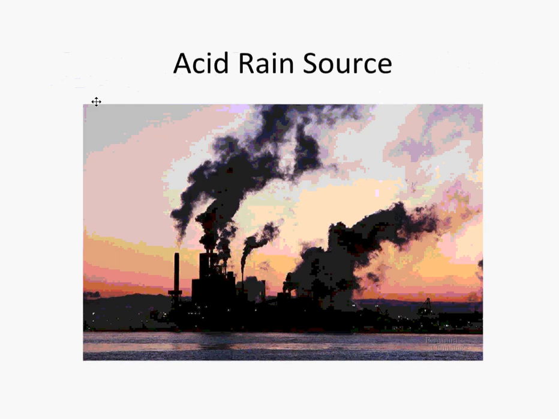A couple more things about precipitation as it has to do with the environment. There's acid precipitation. We normally think of acid rain, but it could be anything really that has a lower pH than 5.6. 5.6 is the threshold for acid rain. Rain by itself is slightly acidic because of the CO2 in the atmosphere, but if there's too much CO2 in the atmosphere or too much sulfur or other compounds that create acid, that acidity can go way down.